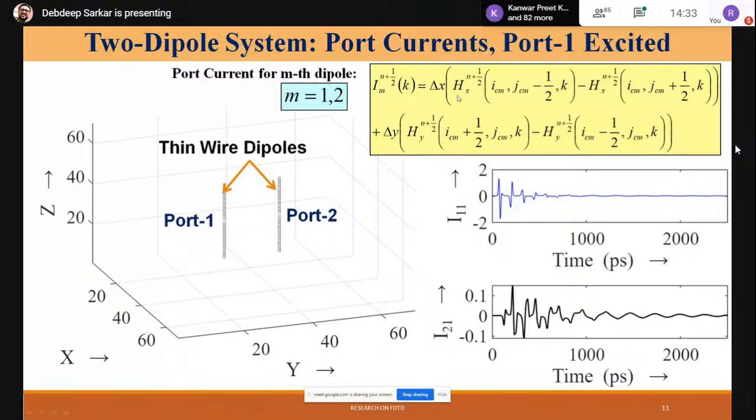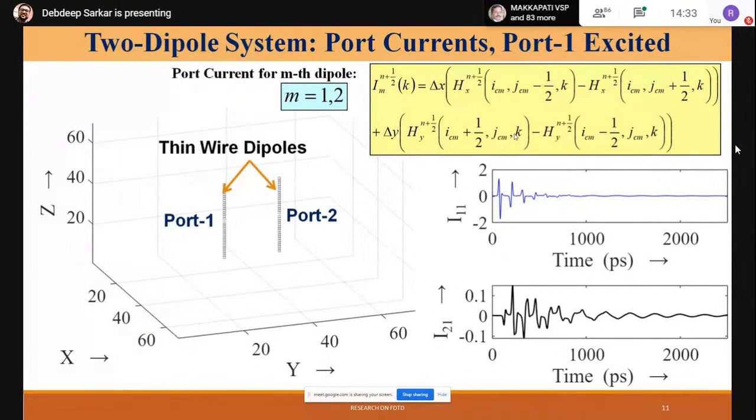We have the Hx and Hy components here. Delta x is basically the dl along the x direction, and delta y is the incremental length element along the y direction. I will not break it down too much, but this is how we are actually finding out the port currents.